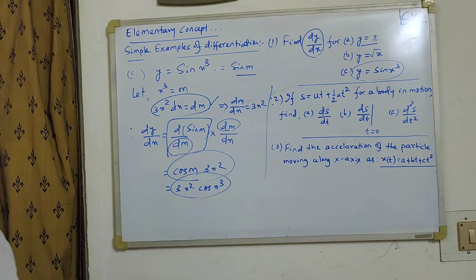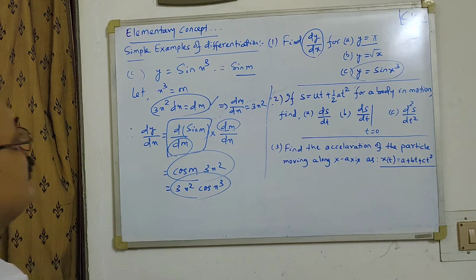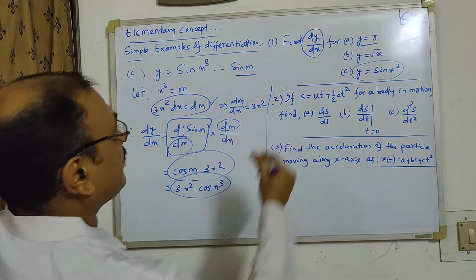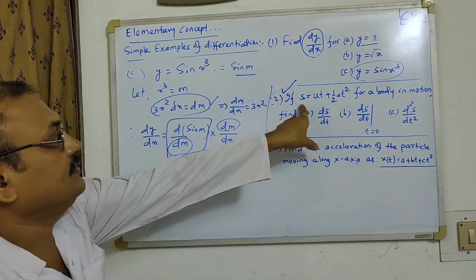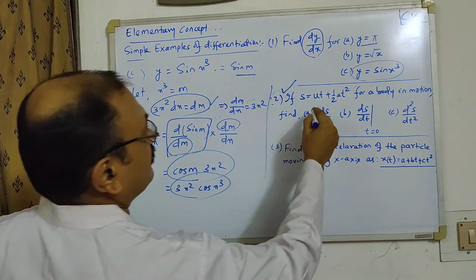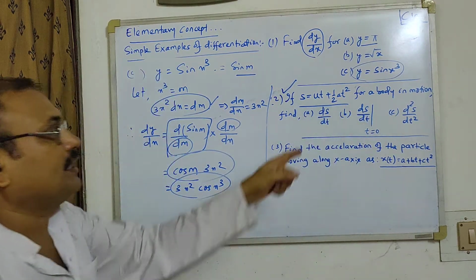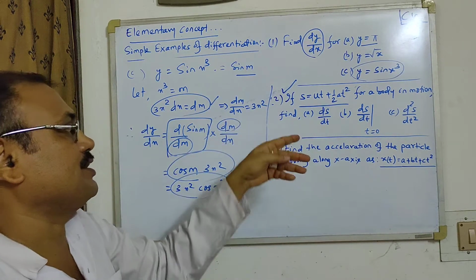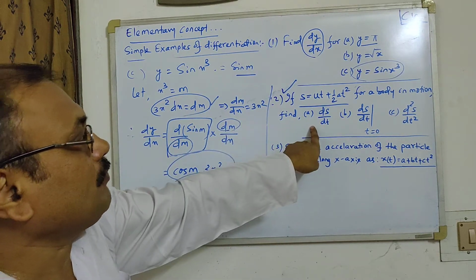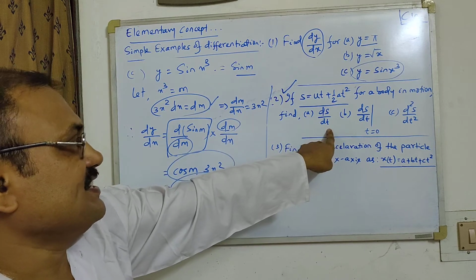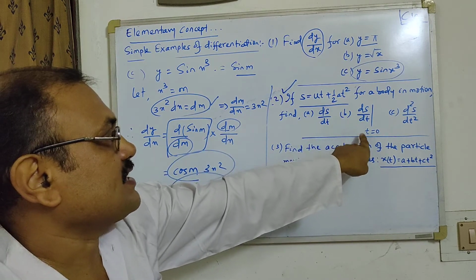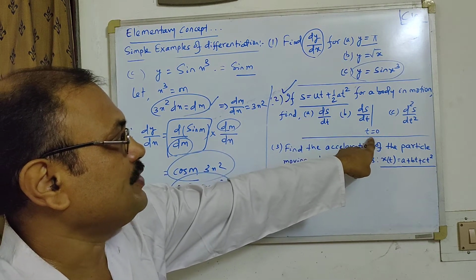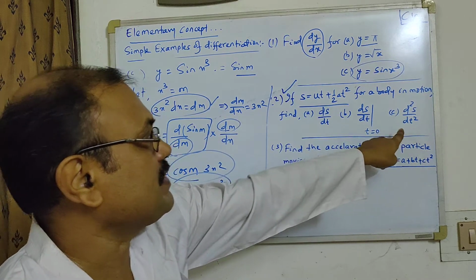Similarly, we can pick up any other functions, like the second one. In the second one, suppose s is a function given as ut plus half at square for a body in motion. Then we need to find ds by dt, ds by dt at some instant of time when t equal to 0, and d square s by dt square.